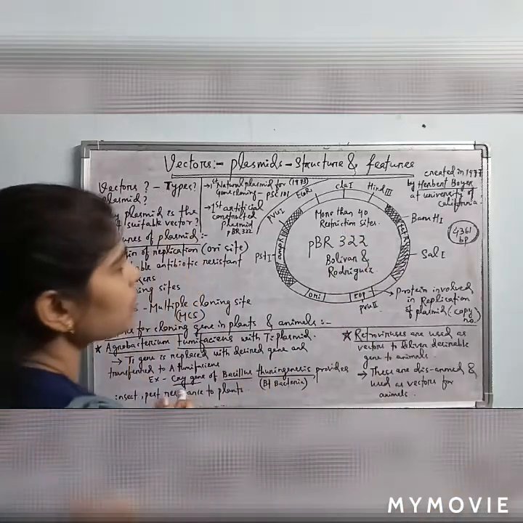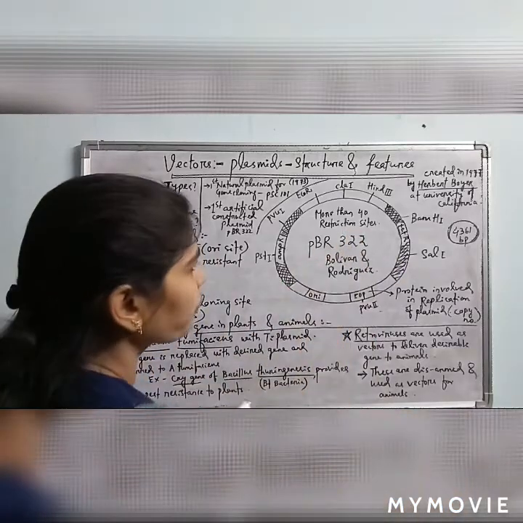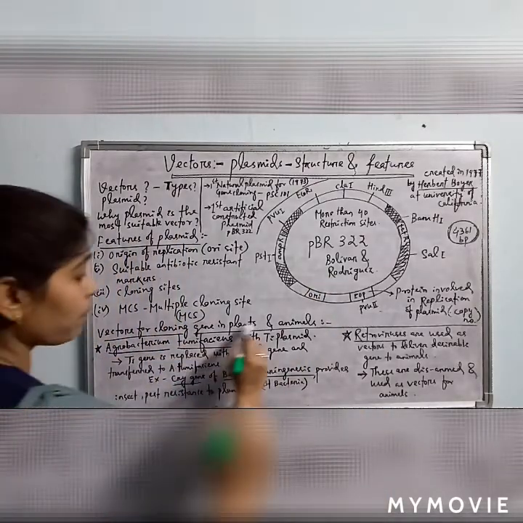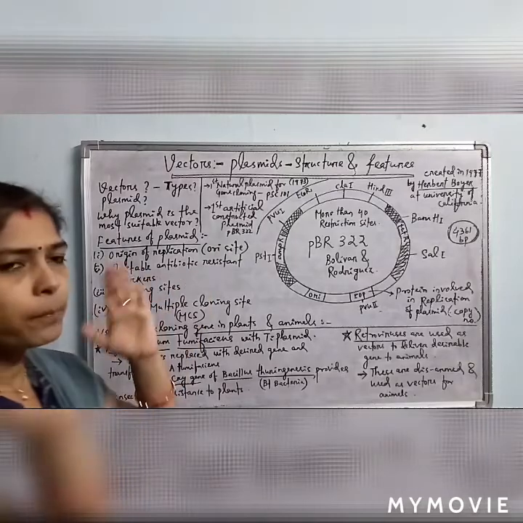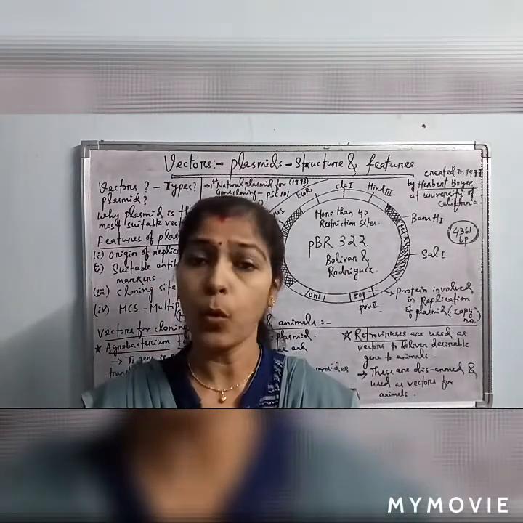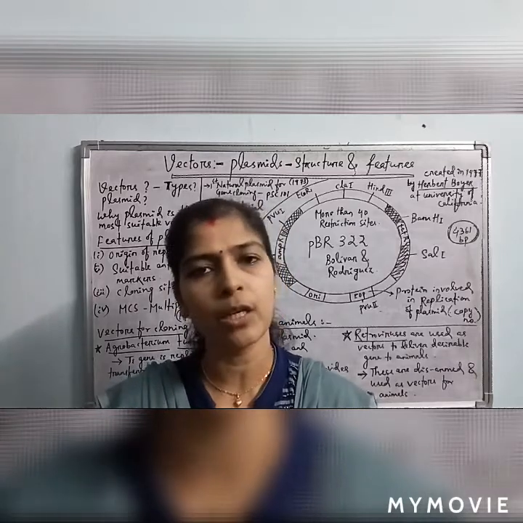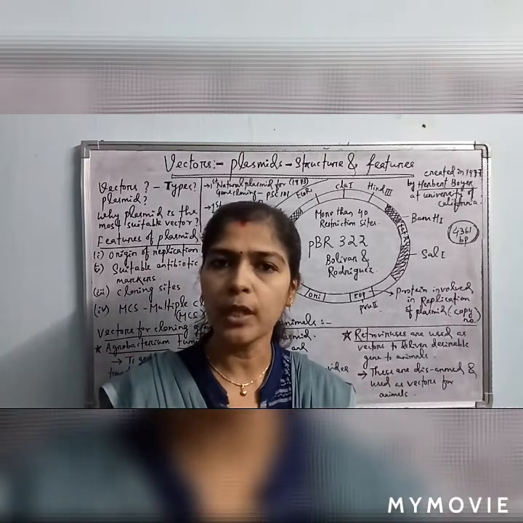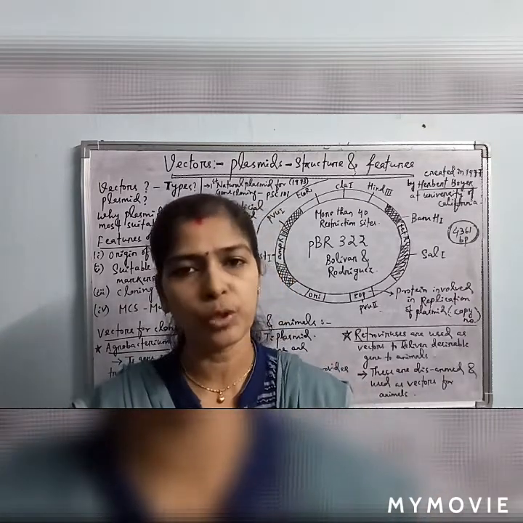So this is all about pBR322, and let's discuss vectors for cloning genes in plants and animals. In gene cloning, mostly the usable host is E. coli, bacteria which are human friendly, and for gene cloning into bacteria, plasmids are the most suitable vectors.